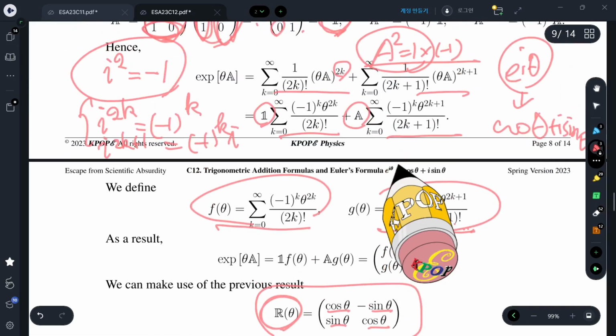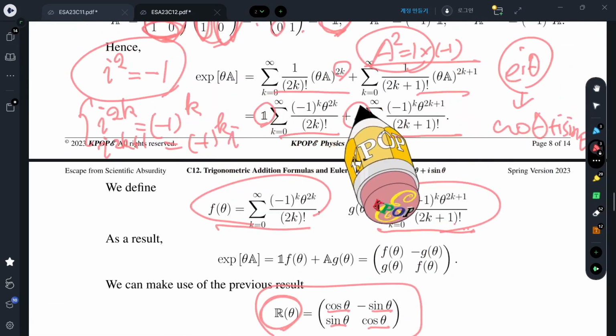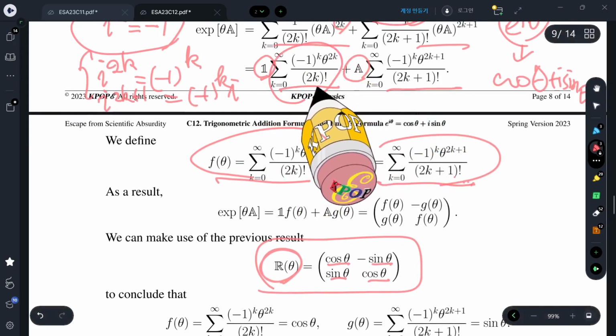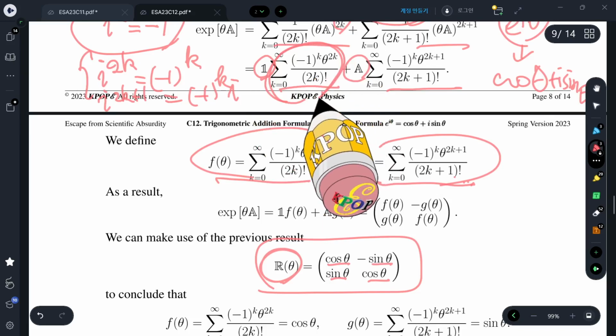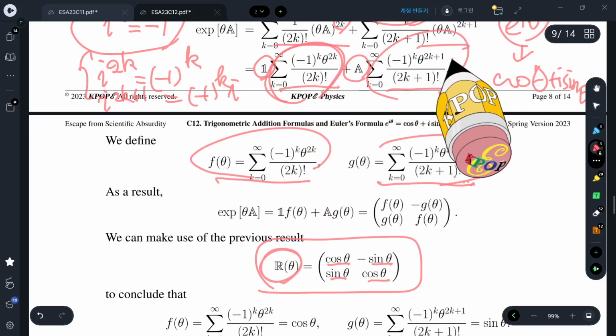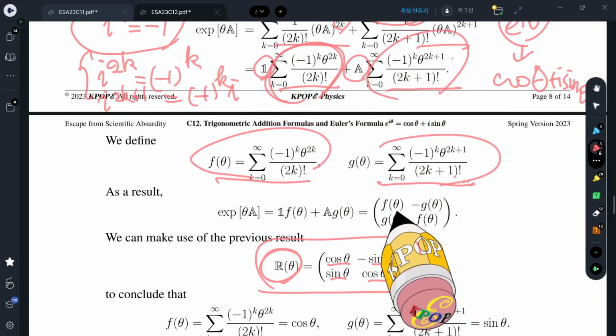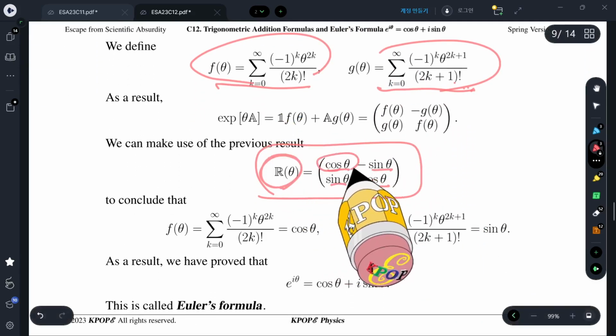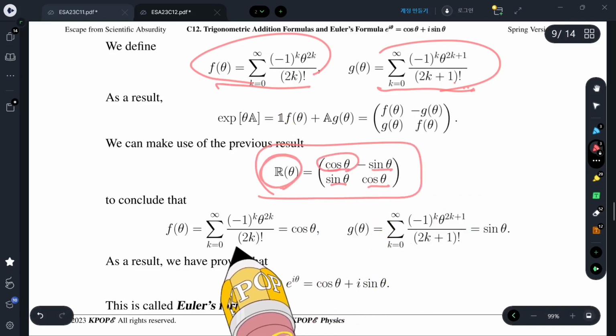However, what we have found in the sum of this matrix series is identity multiplied by this series and this series. What are the coefficients? This is f and g. And what is f? f is cosine and g is sine.